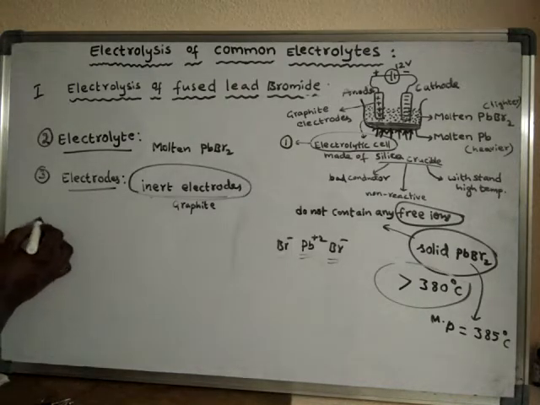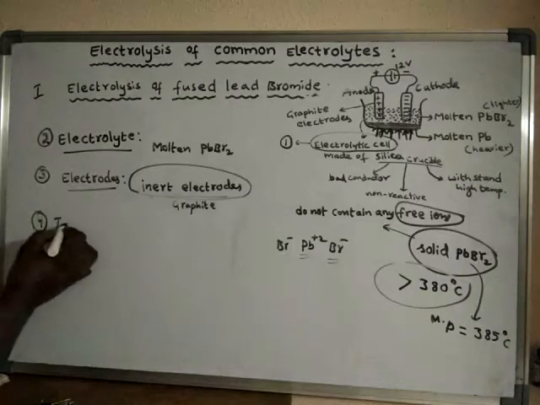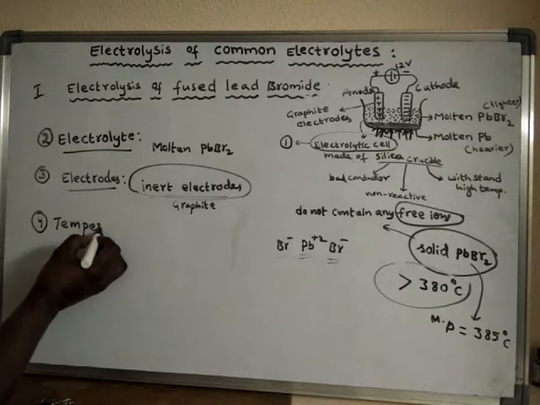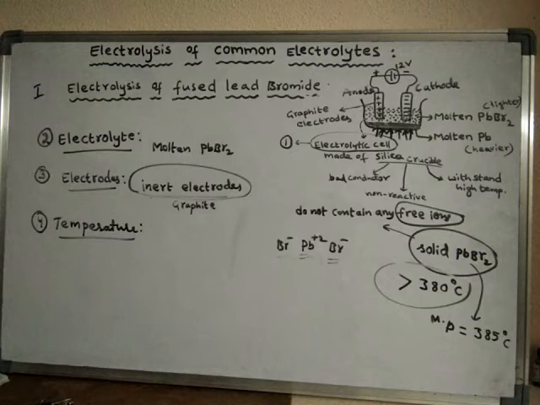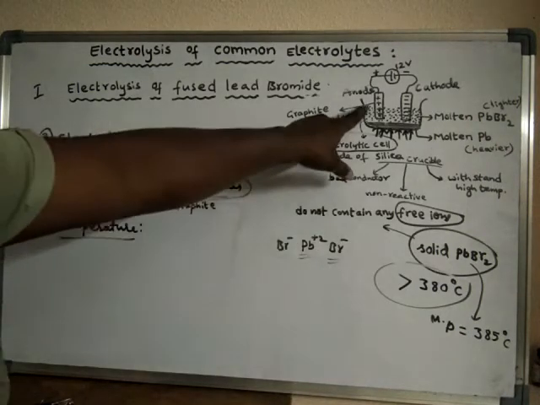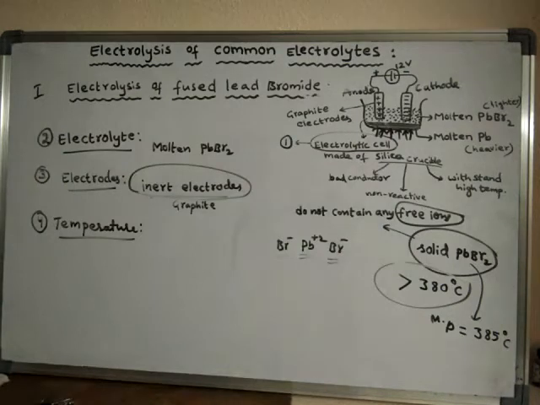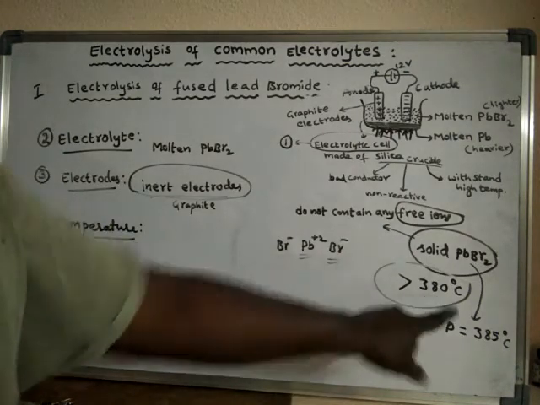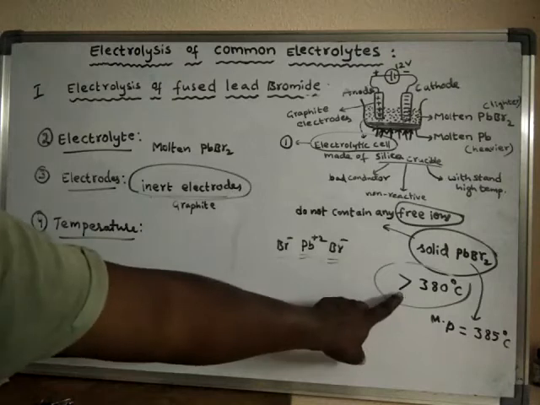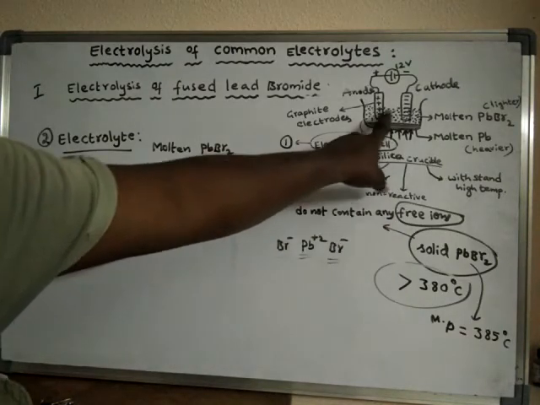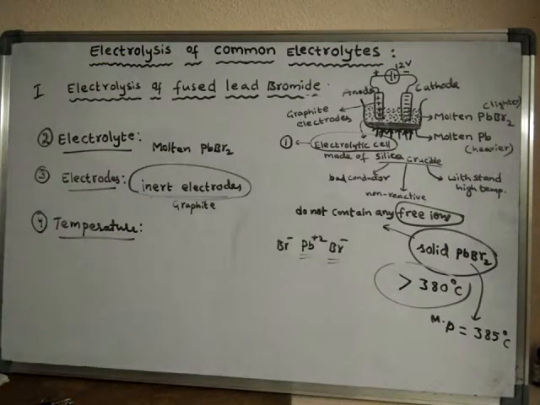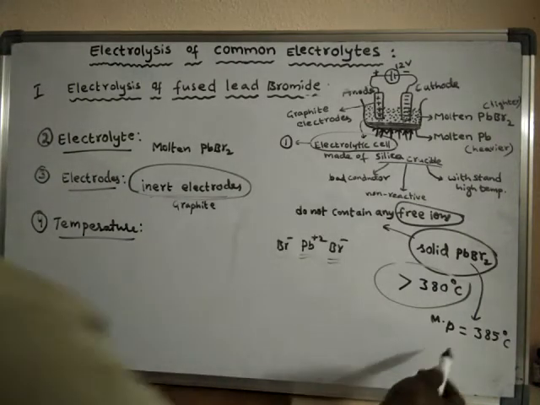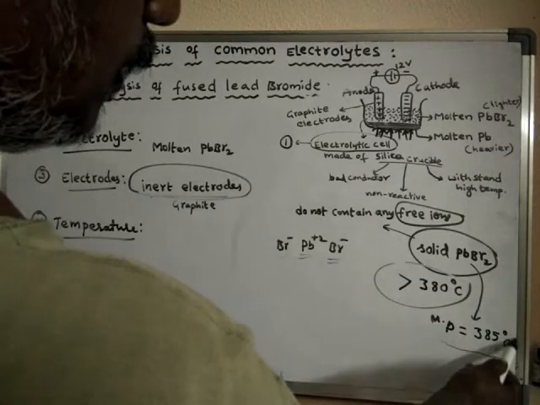Next, the fourth point is related to temperature. Already we have seen that the electrolyte is heated to more than 380 degrees centigrade and maintained above that temperature, because the melting point of lead bromide is 385 degrees centigrade.